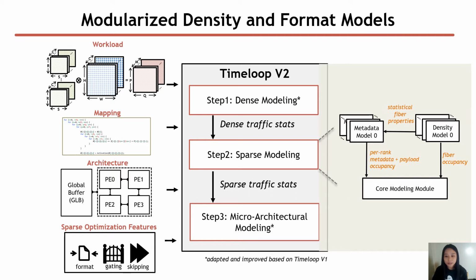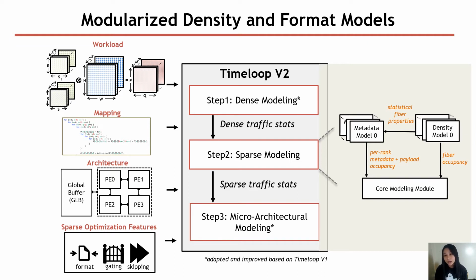And internally at a very high level, we have been talking about all these metadata formats, all these different density models, and the actual core sparse modeling module. As you can see here, we have a pretty modularized implementation of these 3 important parts of our sparse modeling procedure, and they basically interact with each other via a well-defined interface.